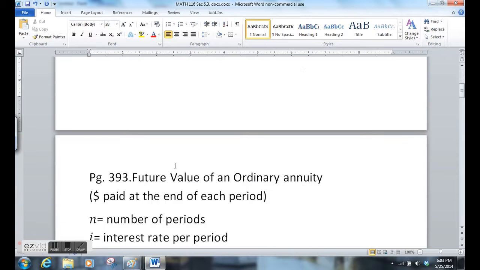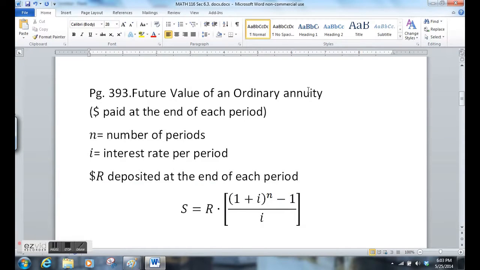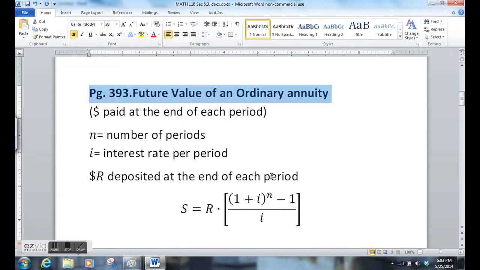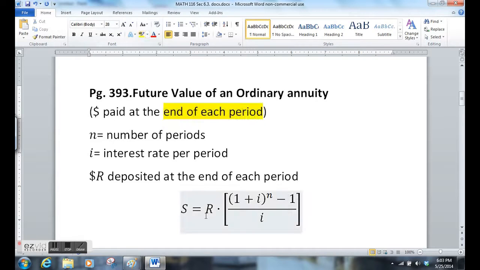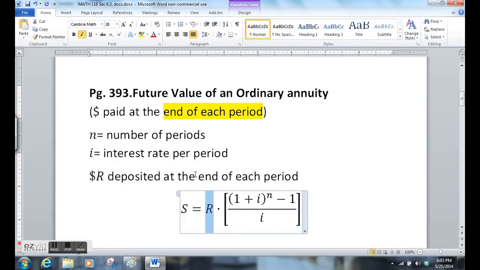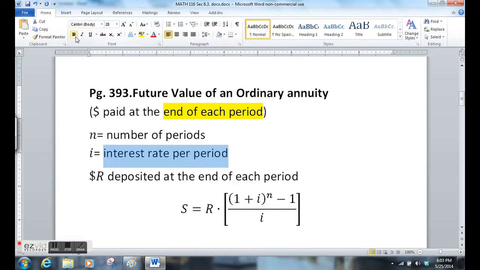Well, in order to solve this problem, we're going to use this formula. You're definitely going to want to know this formula. Page 393, the future value of an ordinary annuity, so you're paying money at the end of each period, is given by this formula. The future value S equals R. That's the money you're putting in each period, so each quarter, each month, whatever. I is the interest rate per period, so I'm going to show you how to deal with this one.